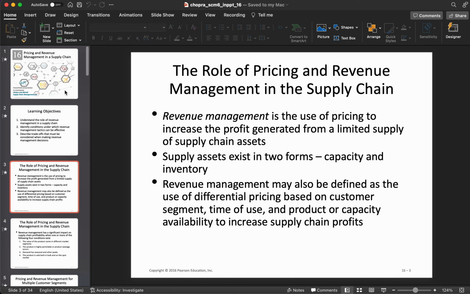You can offer them a lower price. So the whole idea behind revenue management is to change the price, use price as a lever, not just capacity and inventory, but use price as a lever to increase your profits. So you could offer low prices to customers who can wait longer or order earlier.